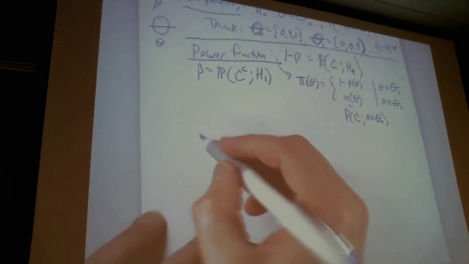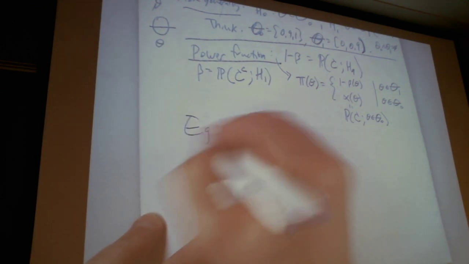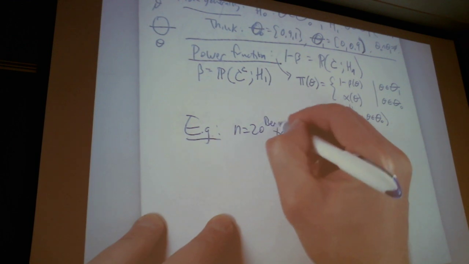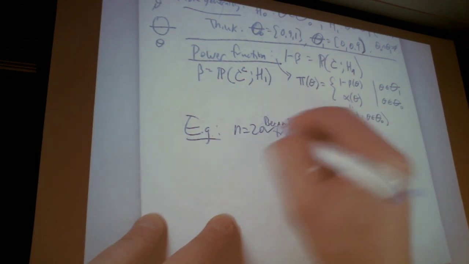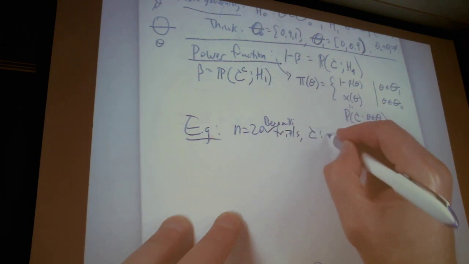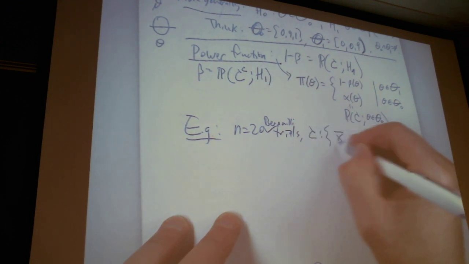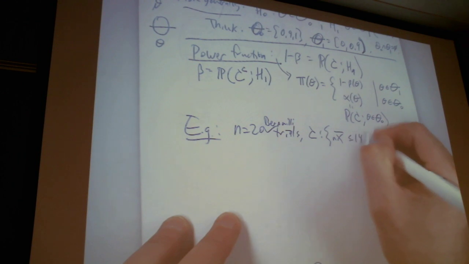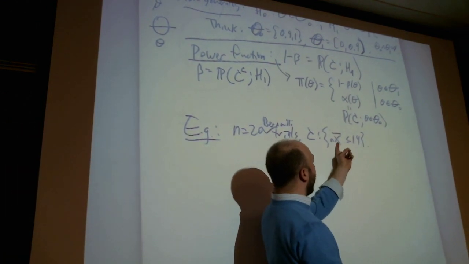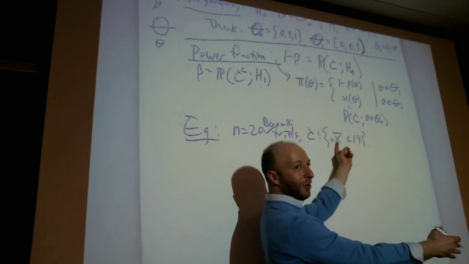So in this case of n equals 20 Bernoulli trials, the critical region was that n x bar is at most 14. X bar is the average, n x bar is just the sum of your Bernoulli 0, 1s.